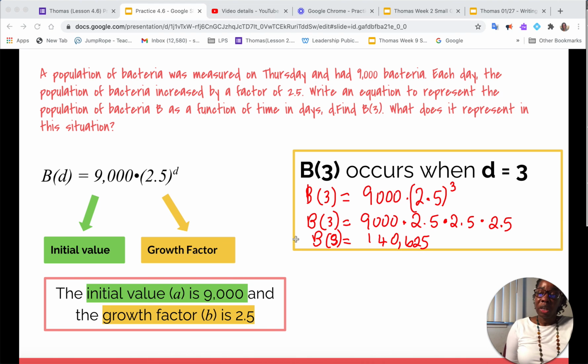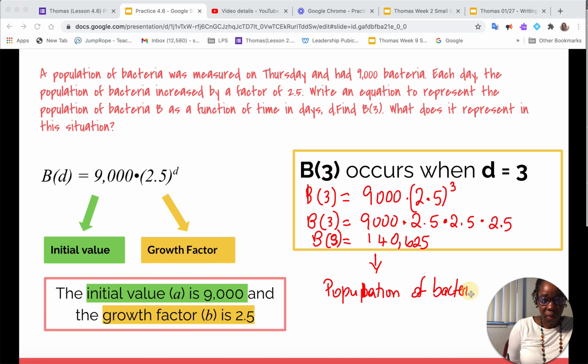So the population of the bacteria after 3 days, that's what it represents, population of bacteria after 3 days. There you go.